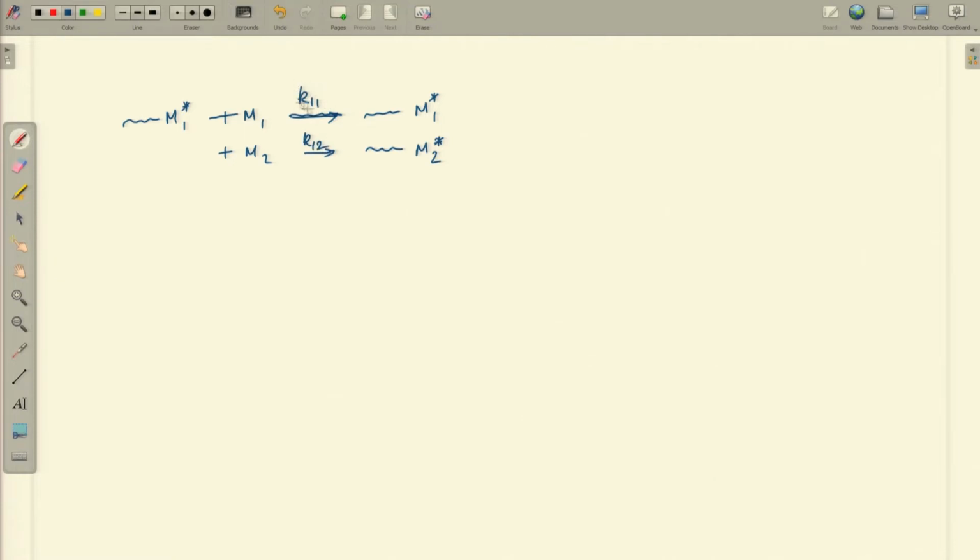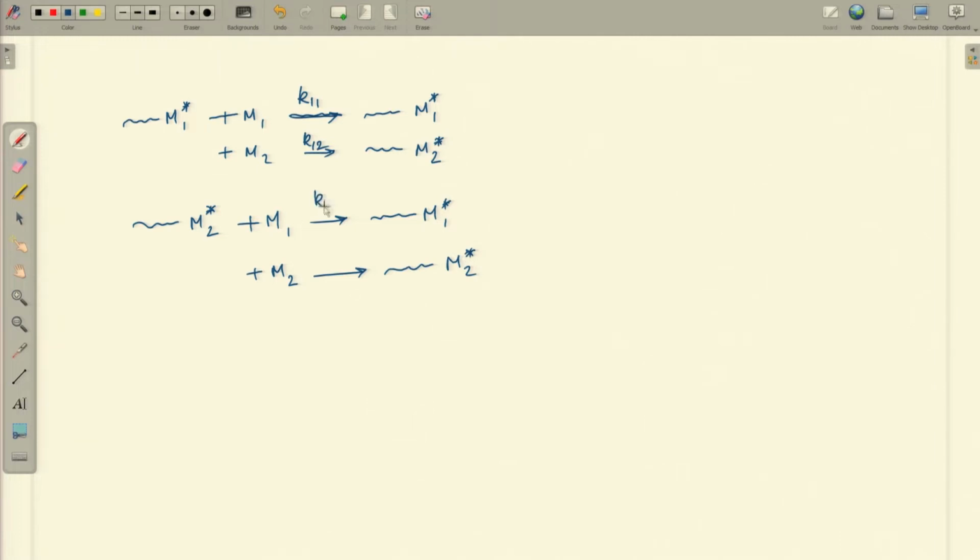So, K11 is the rate constant for self polymerization, where the active chain end is reacting with a similar type of monomer, producing similar chain ends. We can also write the other two for M2 star: this can react with M1 producing M1 star, or it can react with M2 producing M2 star.